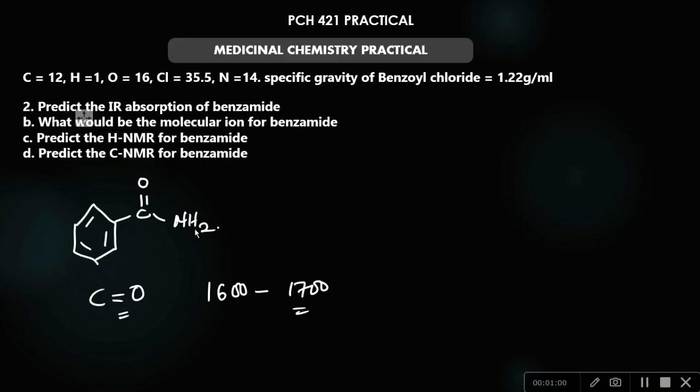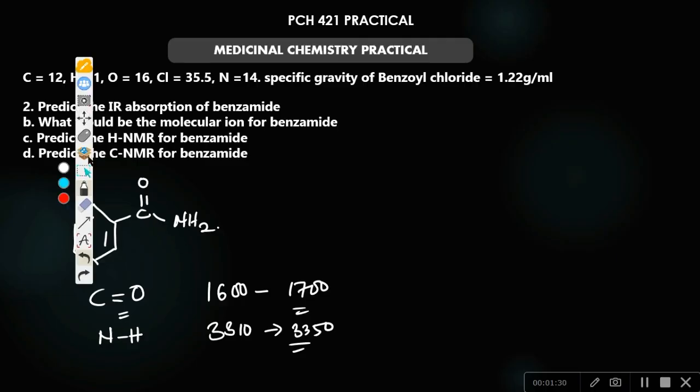What other functional group do you think? We have a medium, broad absorption of NH at around 3010 to 3050. There will be NH absorption for this functional group that you have here. Which is the NH functional group.